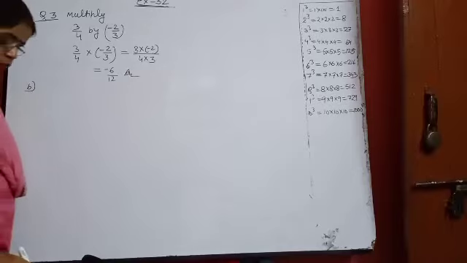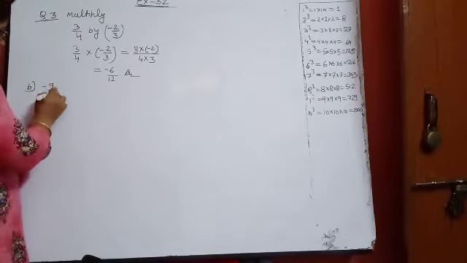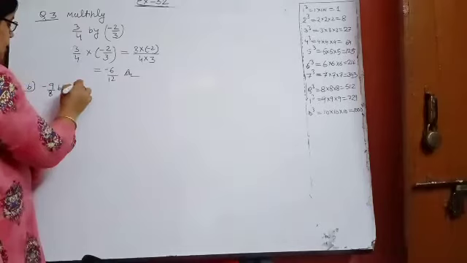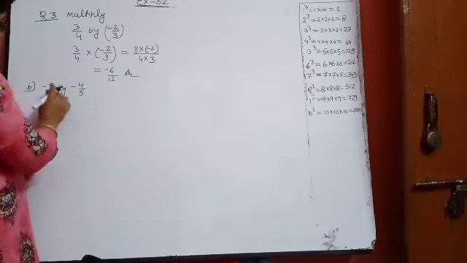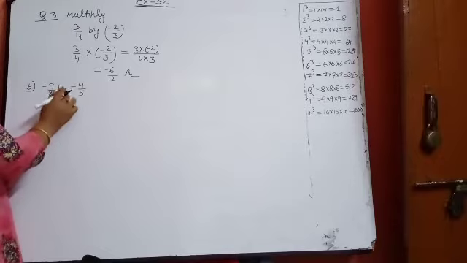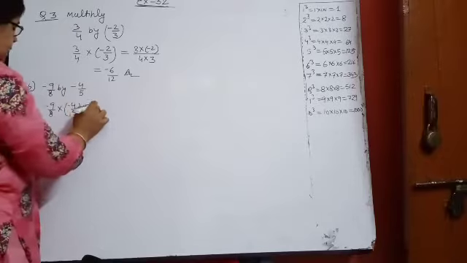One more part I am doing: minus 9 upon 8 multiplied by minus 4 upon 5. What will you do, beta? Minus 9 upon 8 multiplied by minus 4 upon 5. How will you write?